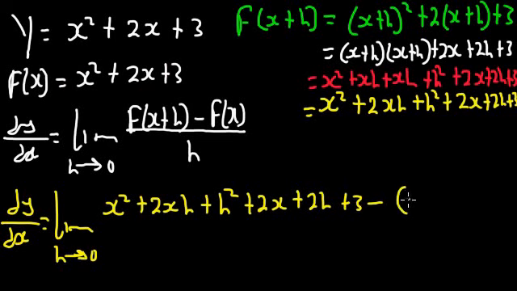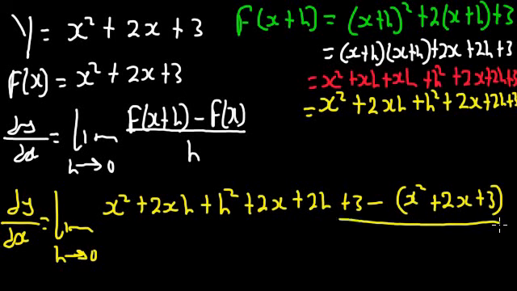So that's minus, since it is a trinomial, we need to put it in a bracket for the negative to take effect. Plus 3, as it's just a monomial, just one term, you don't really need to put it in a bracket. Okay, so all divided by h.